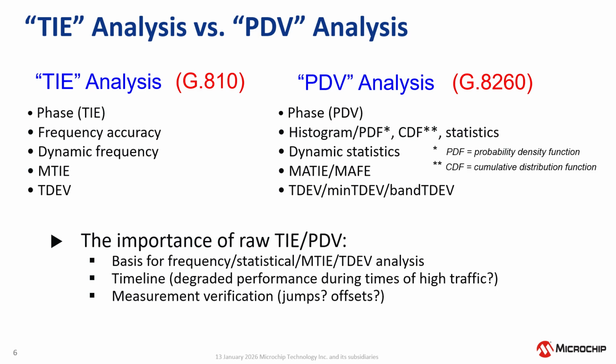Whereas in TIE analysis, we're often looking at frequency, MTIE and TDEV, we're focused on statistics quite often for packet analysis, both dynamic and static. The raw phase is important in both cases. It allows us to establish a timeline and see perhaps whether, for example, performance is degraded during times of high traffic.